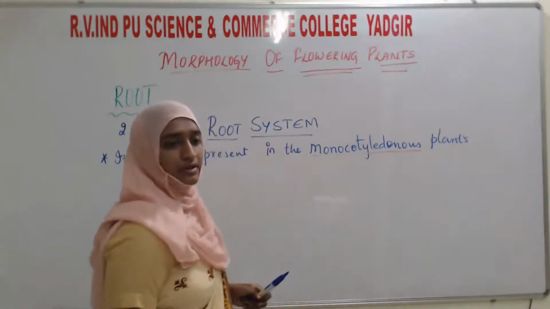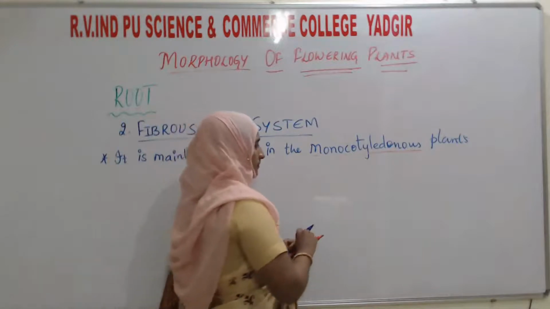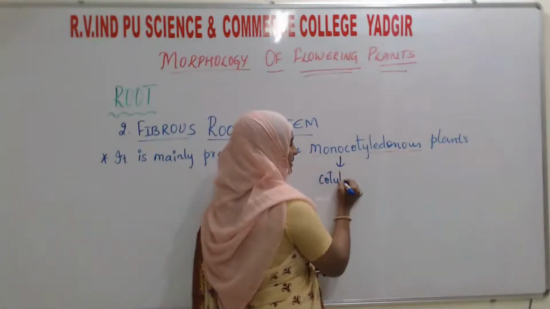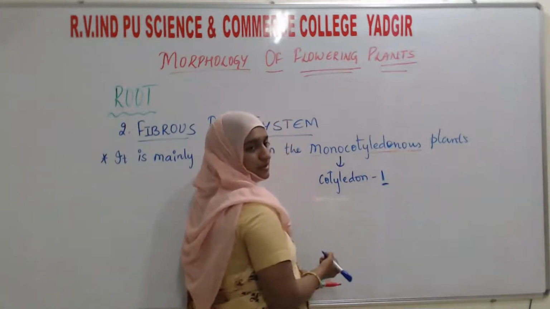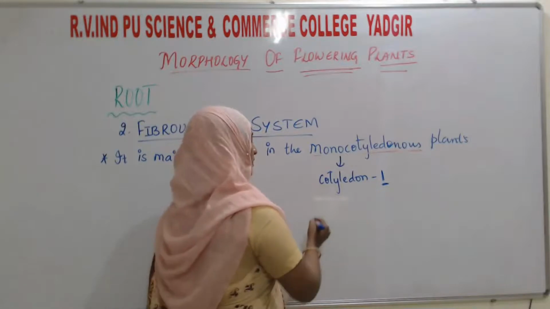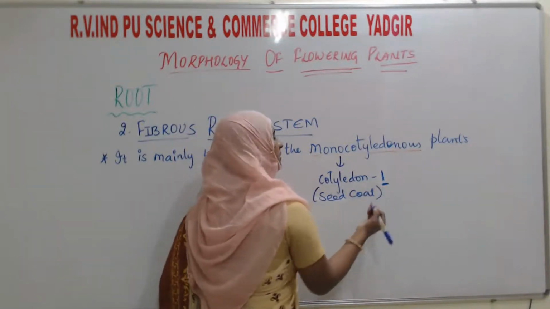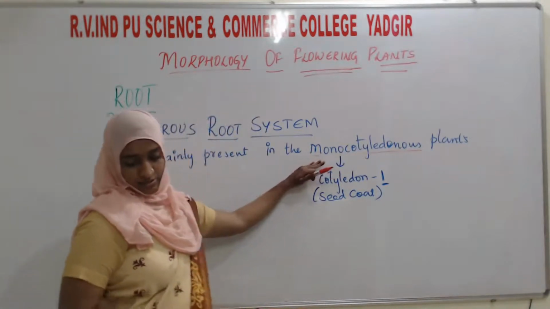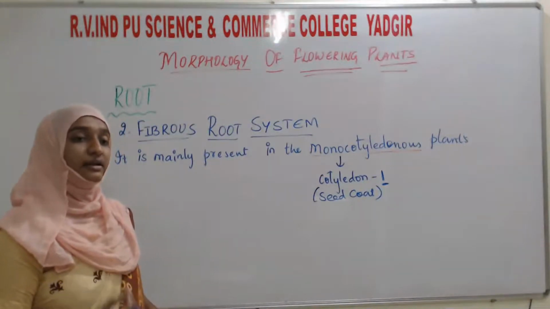What do you mean by monocot? Here the seed coat or the cotyledon will be only one. Okay, seed coat or the cotyledon will be only one. Those plants you can call the monocot plant or monocotyledonous plant.